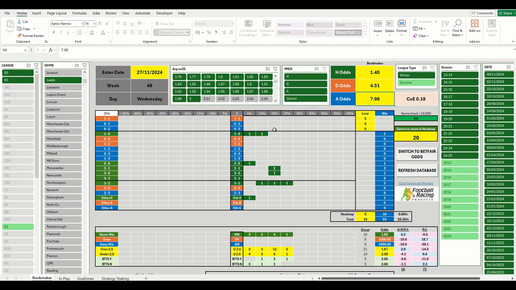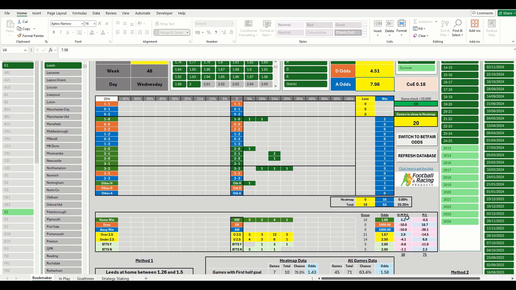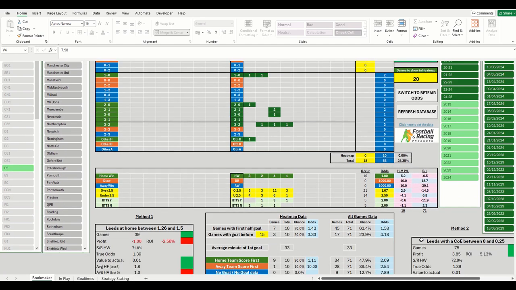So there's 10 that have been slightly higher, and all of them have been home wins. That's obviously why you're getting the home win profit here. Overall, though, there's 71 games, so there's another 61 games that are even further away from this price. That returns about scratch. So yeah, it's probably not anything of value there.